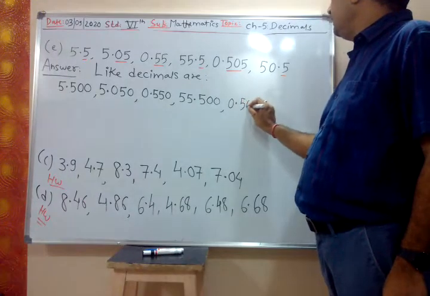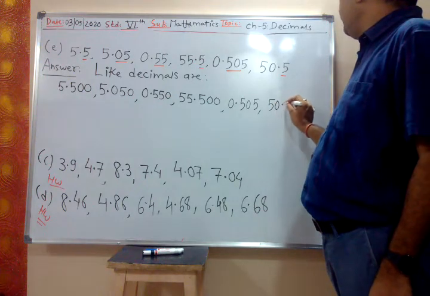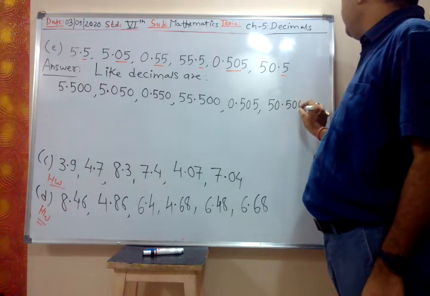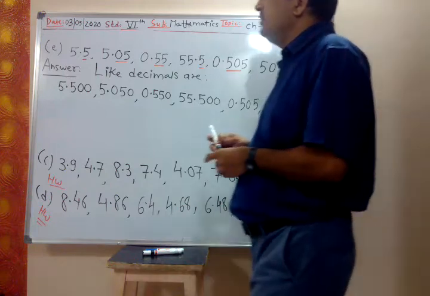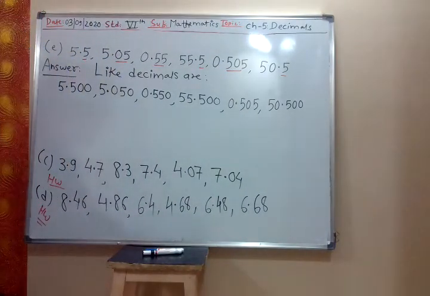See, we want 3 digits after the point. Then 0.505, and then 50.5, we write 50.500. We add 0 to the right of the decimal. Yes, in this way we have converted them into like decimals.